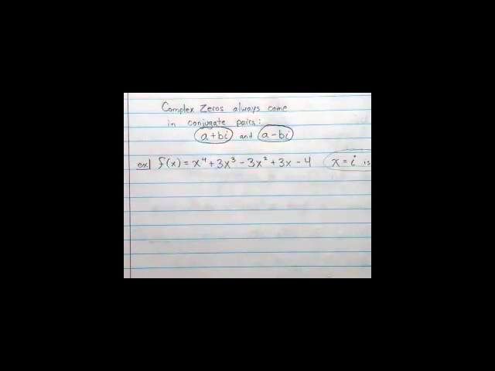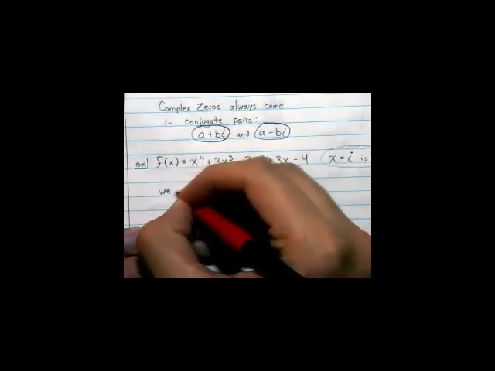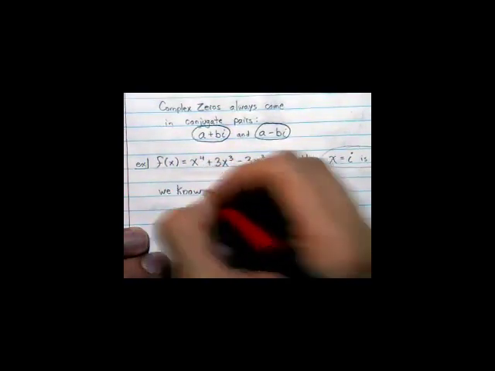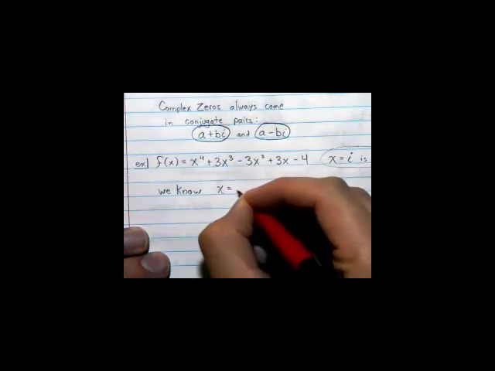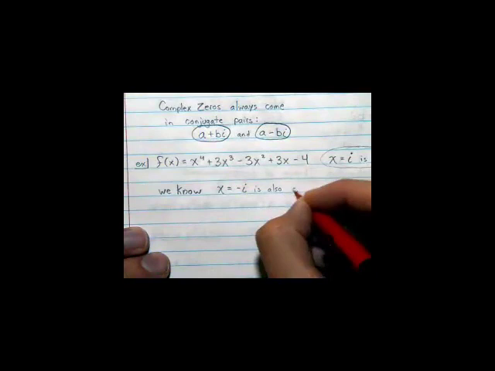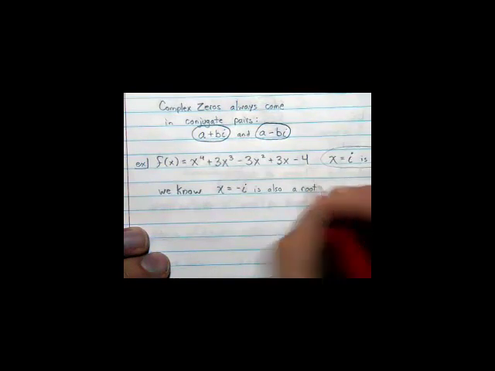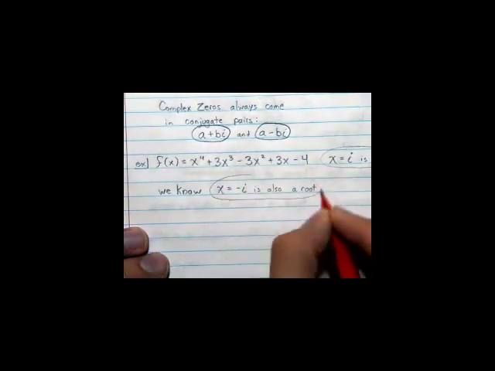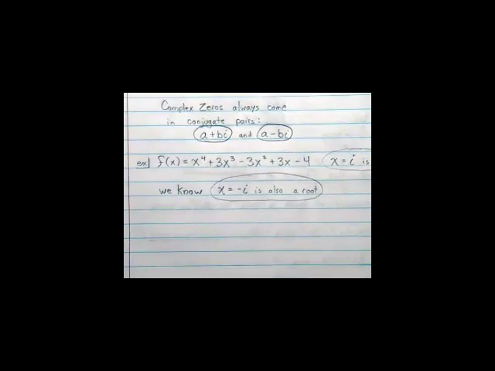The conjugate of that, 0 minus i, must also be a root, because of that complex conjugate zeros idea.